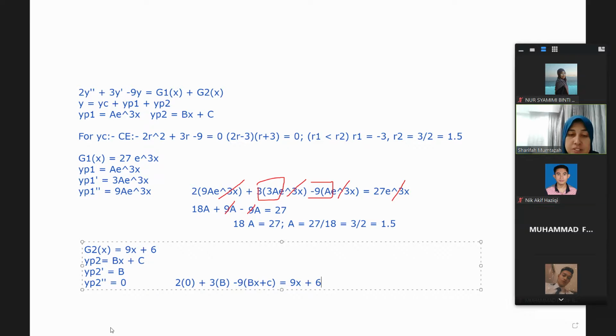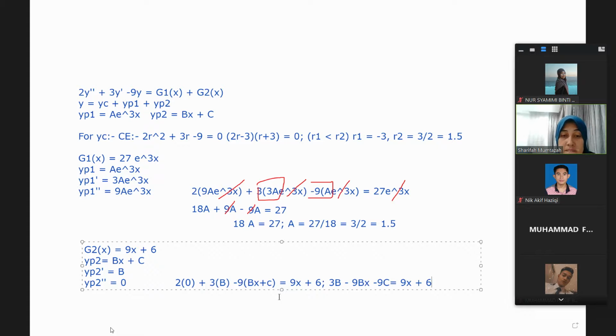So you will get from here 3b minus 9bx minus 9c equivalent to 9x plus 6. All right.